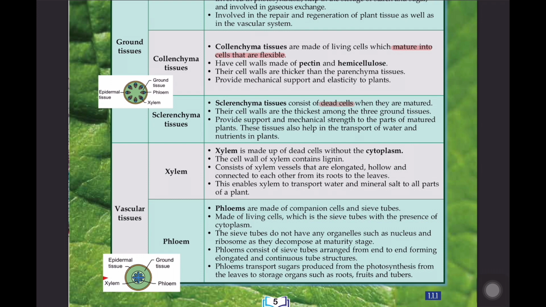Okay, they don't make the DNA, so they don't have nucleus and ribosome. And then the sieve tubes are arranged from one end to another end, forming elongated and continuous tube structures. So xylem and phloem are both continuous. They're both tube structures.